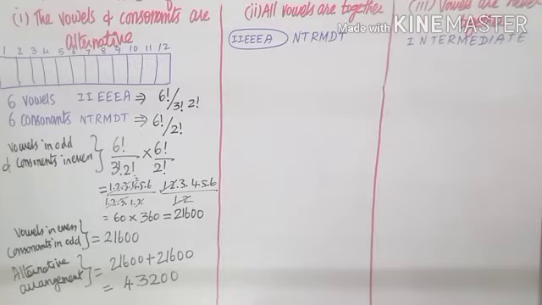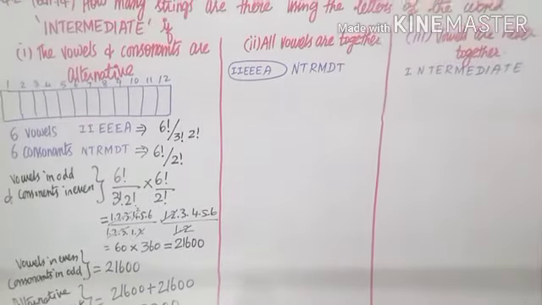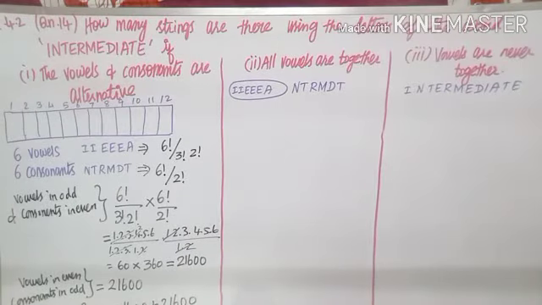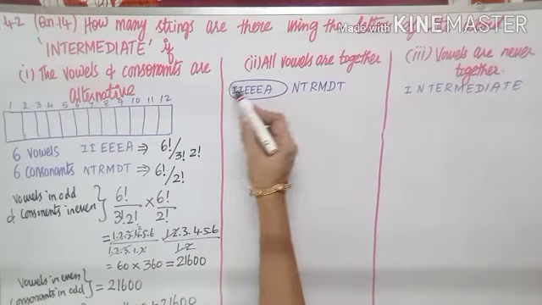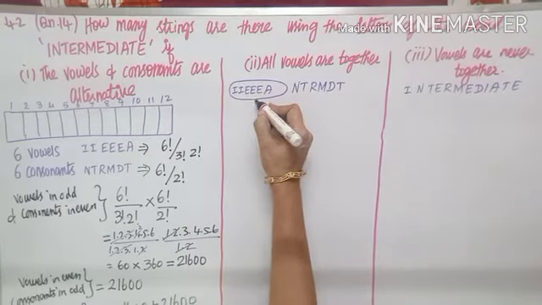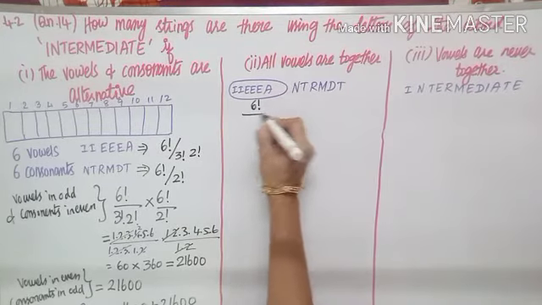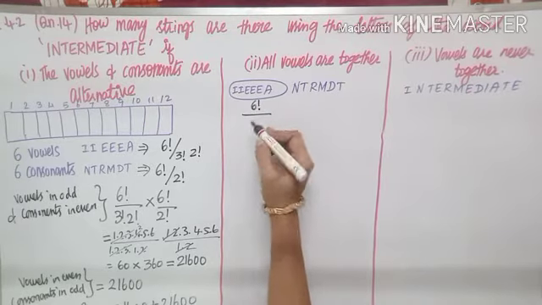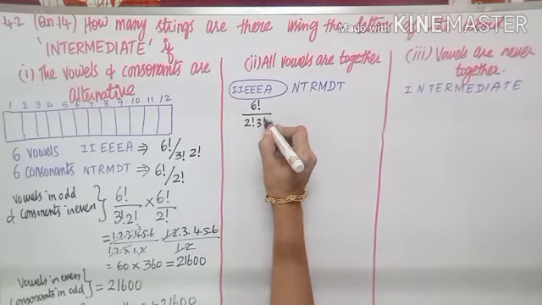The second subsection, all vowels are together. How many vowels are there? Actually 6. Put the 6 together. The 6 alone can arrange themselves in 6 factorial by 2 factorial, 3 factorial.